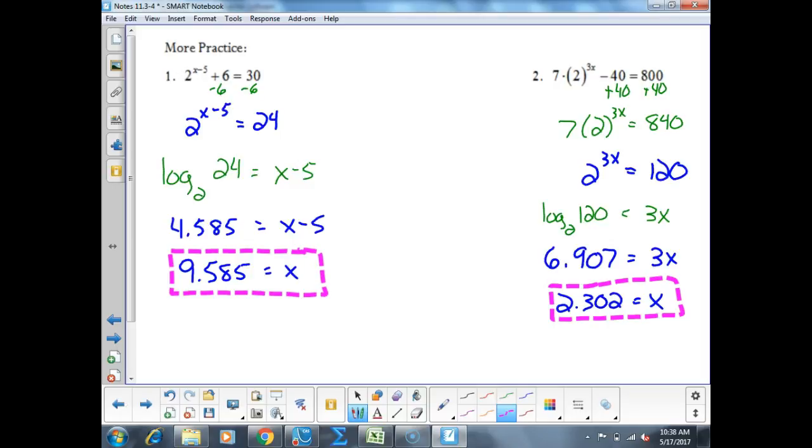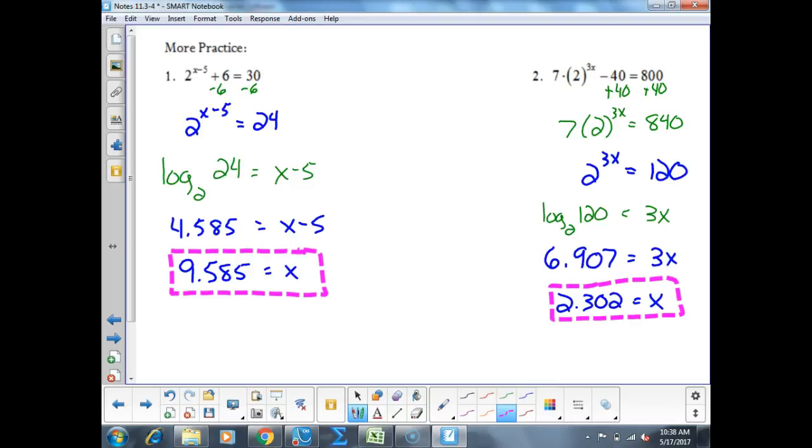When I check the other one, 2 raised to the answer, because I rounded 2.302 times 3 gets me that. 2 raised to the answer gives me that. Minus 40, I get 799.48. Okay, so close, but again, because we rounded, the bigger your numbers get, the farther away you get.